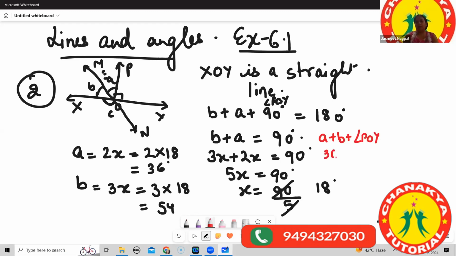A is 36, B is 54, POY is 90. The total of these three is 126. And this is a vertical opposite angle of C. So C is also 126.